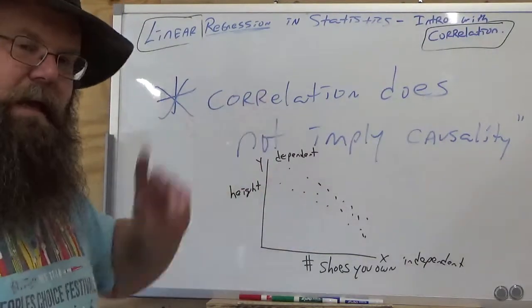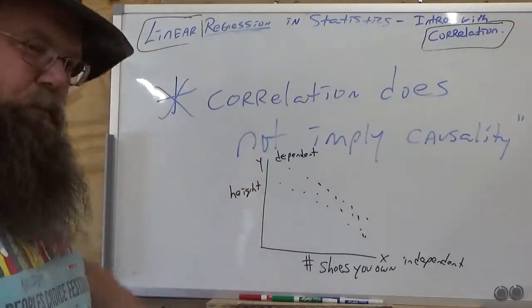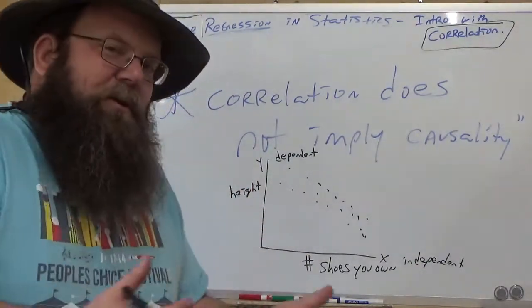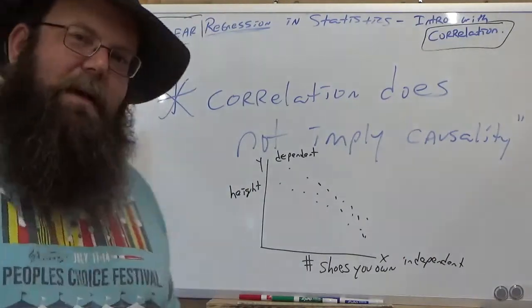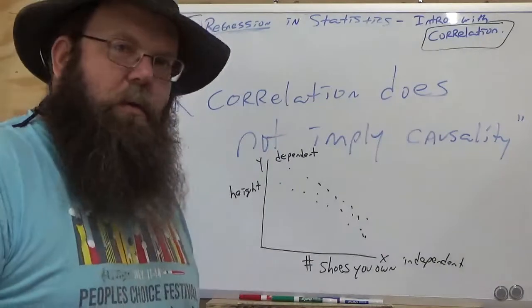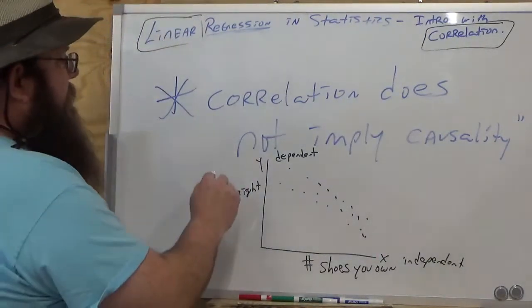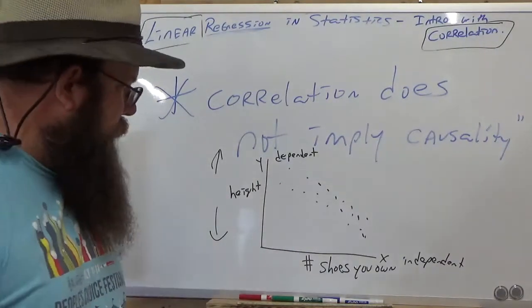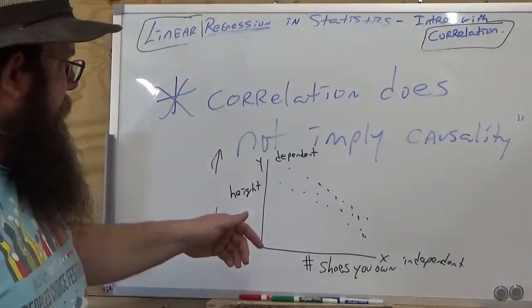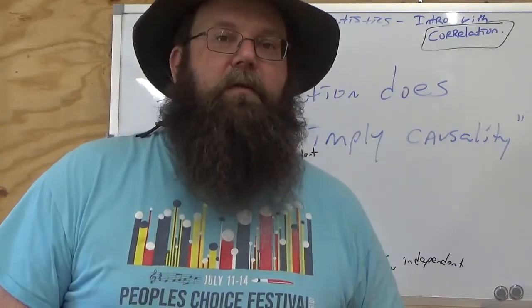Well, if you look at that scatter plot, you would say, well, that's a fairly strong correlation. It's a negative correlation. So you know what that means? That means the more shoes you own, the shorter you are. Because height, getting taller, getting shorter. So the more shoes you own, the shorter you are. Is that true? I don't think so.